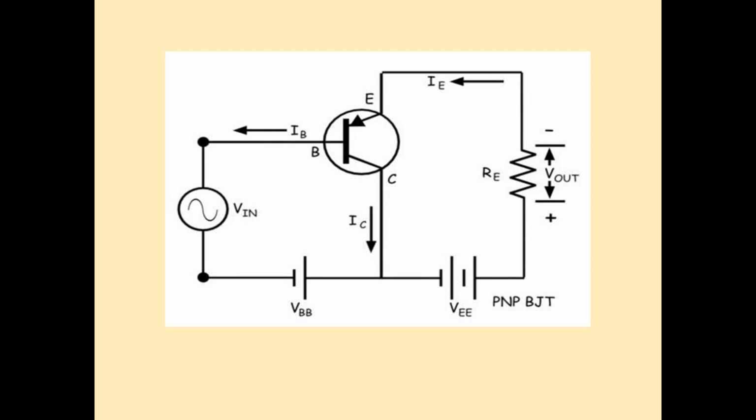In the case of transistor, the emitter base junction is always in forward bias condition, and base collector junction is always in reverse bias condition.